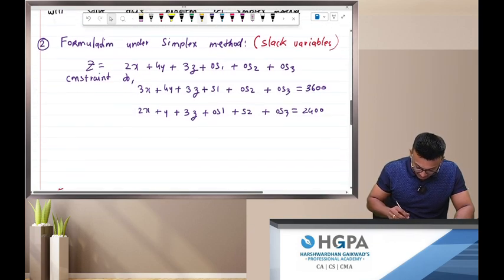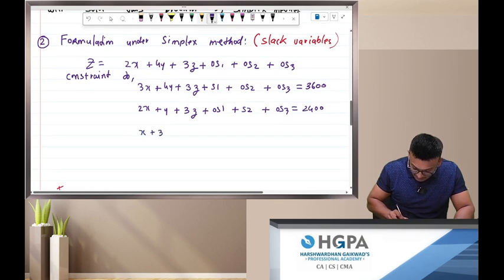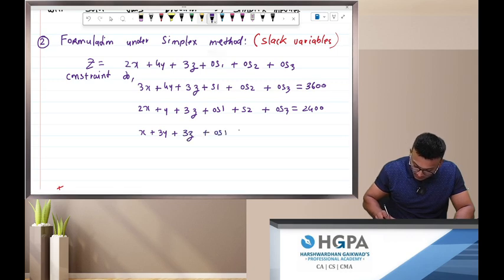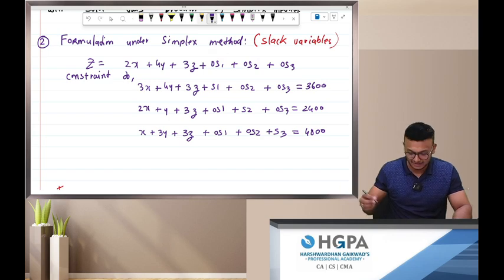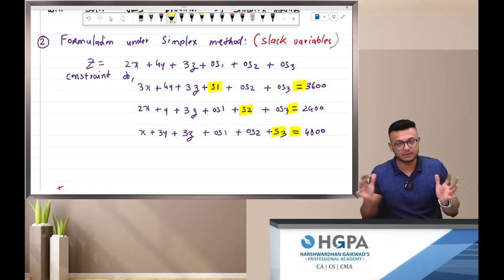Last, x plus 3y plus 3z plus 0s1 plus 0s2 plus s3 is equal to 4800. That's the right hand side. Now observe two things. This has changed: it is now equal to, with s1, s2 and s3. So this is your first step of your simplex.